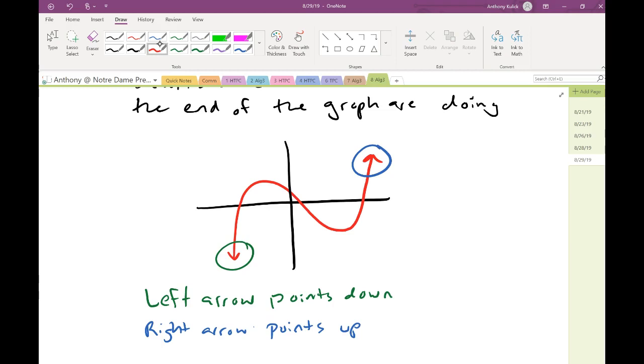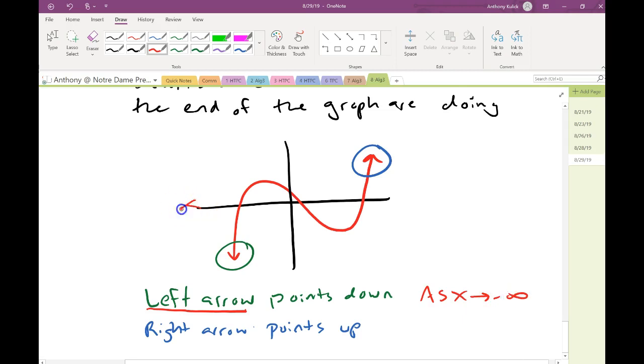The problem is we don't write it in words, we write it in symbols. So let me describe to you what the symbols are. When we say left arrow, we'll say as x approaches negative infinity. Why?